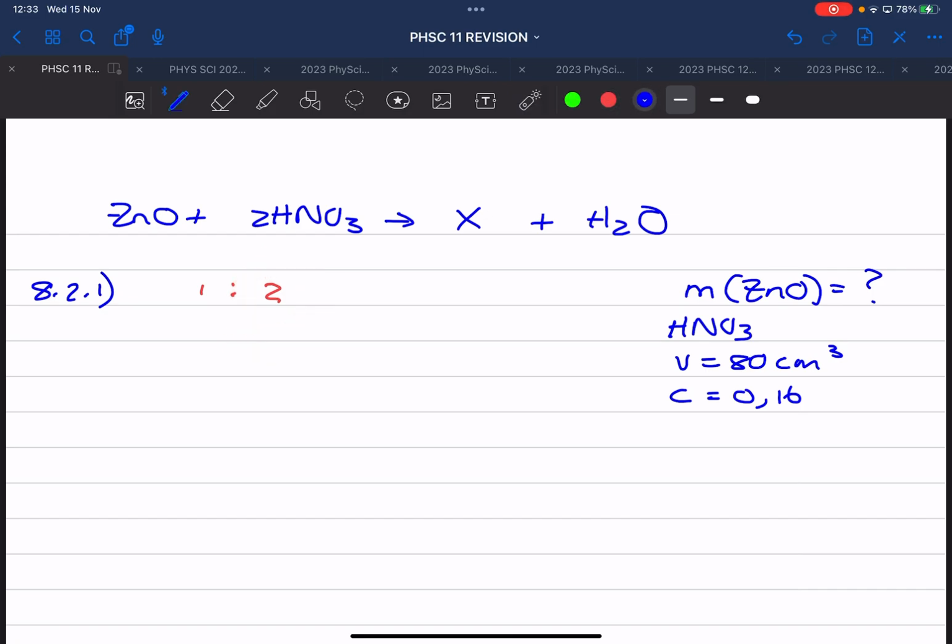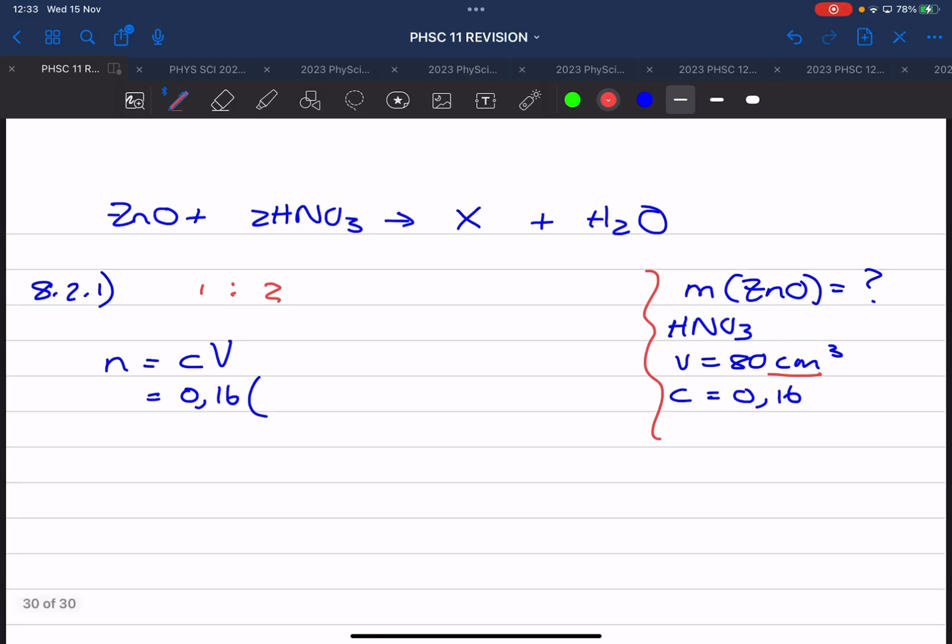Ja, Kayla? Ja. Stoichiometriese reaksies, ja. Okay. Something that I forgot to say. The volume is again 80 centimeters cubed. Dus werk nie in kubieke centimeter nie, ons werk in kubieke decimeter.